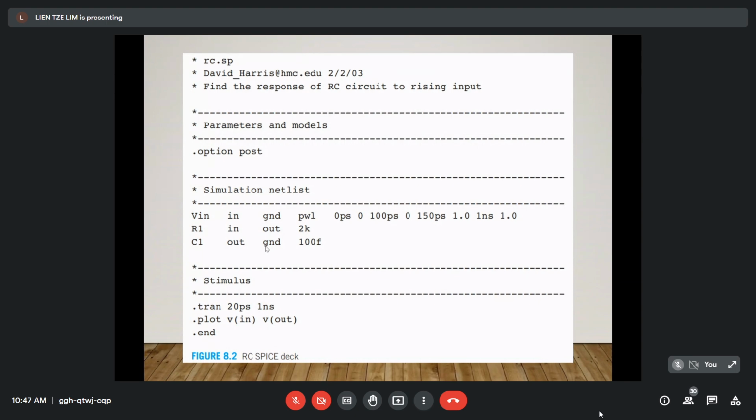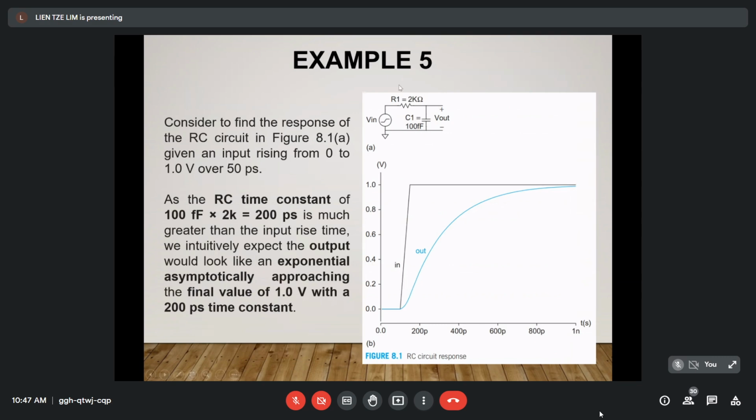As given in the SPICE code here, the nodes are in, ground, out, 3 nodes. So this is the in node, this is the out, this is the ground. We can check that.